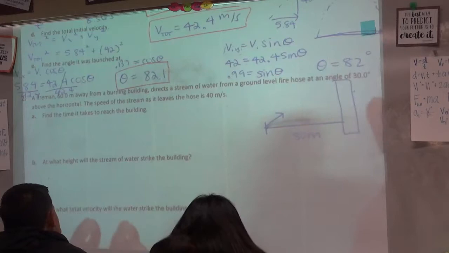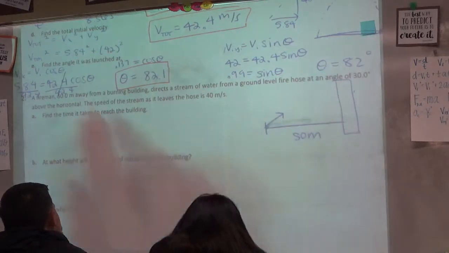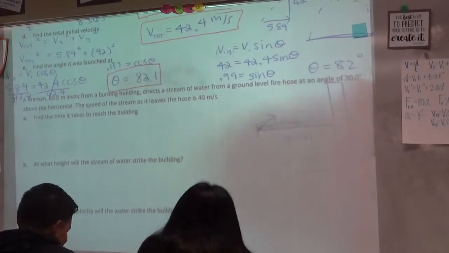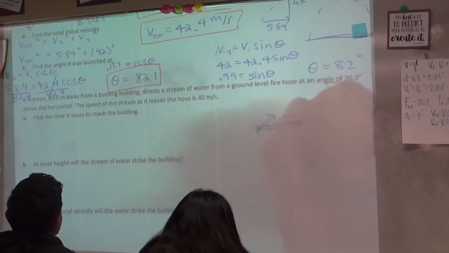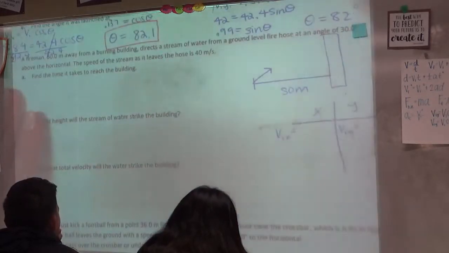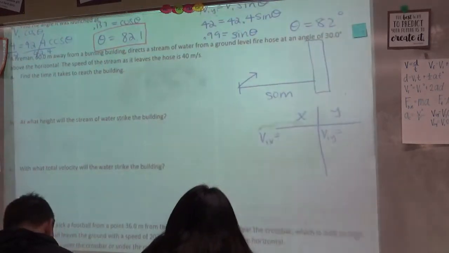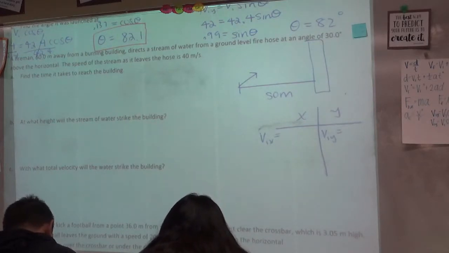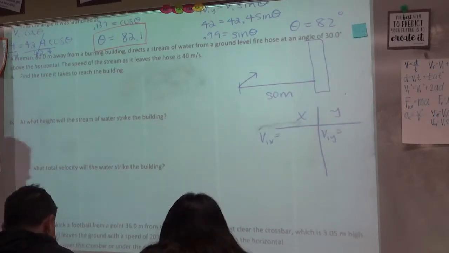Yes? Okay. As soon as you see the velocity at an angle, what can you do? Yep, find the VIX with the VI cosine and VI sine. So find the initial velocity for x and y. So I'm leading you through these problems today because they are trickier, but you still have to do all the solving on your own.